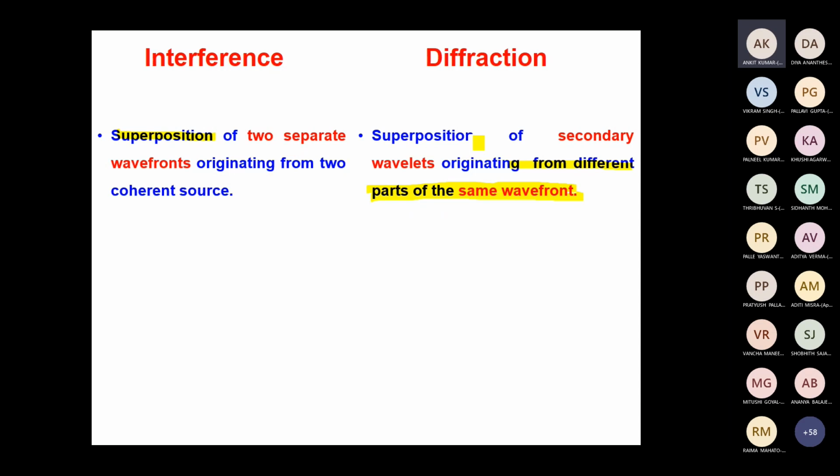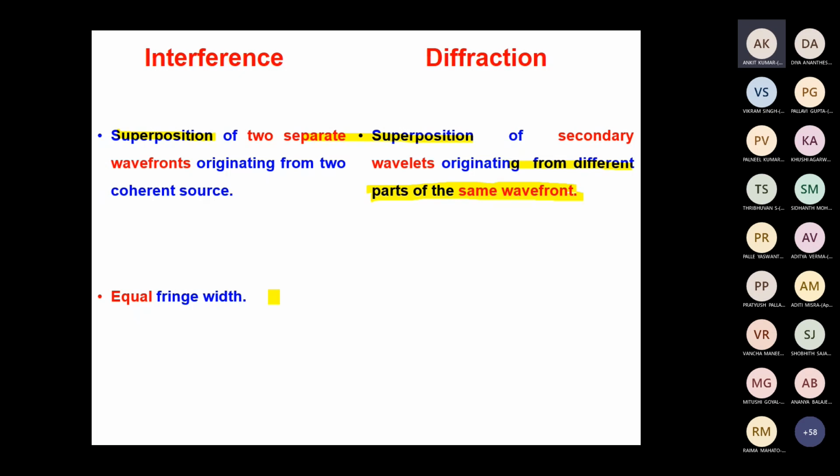Both are superposition phenomena which involve the addition of two waves, right? The only thing is, here the two separate wavefronts originate from coherent sources. Here the two wavelets originate from the same wavefront.